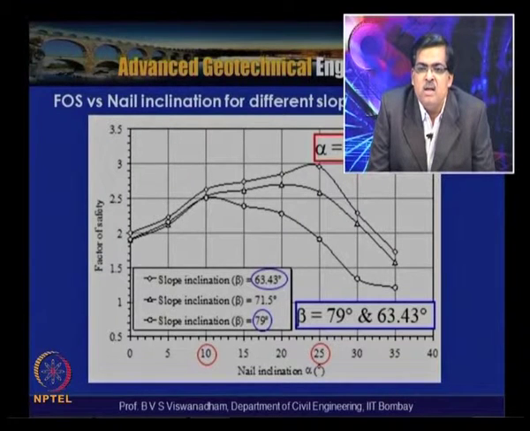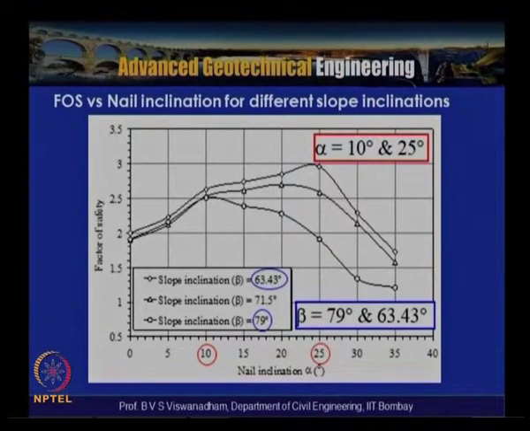It can be seen that for a slope inclination of 79 degrees, a nail inclined at 10 degrees is found to be optimum, and for a slope inclination of 63 degrees, a nail inclined at 25 degrees was found to be optimum. You can see that a further increase in the nail inclination leads to a decrease in factor of safety.